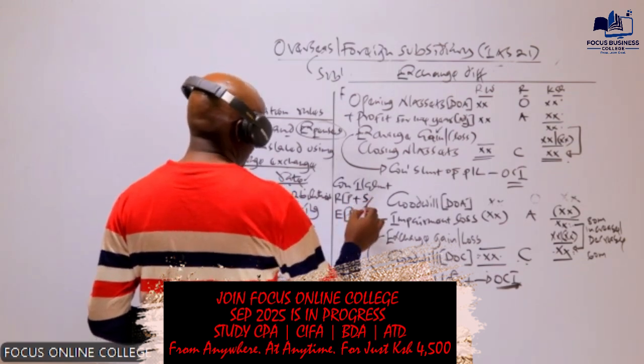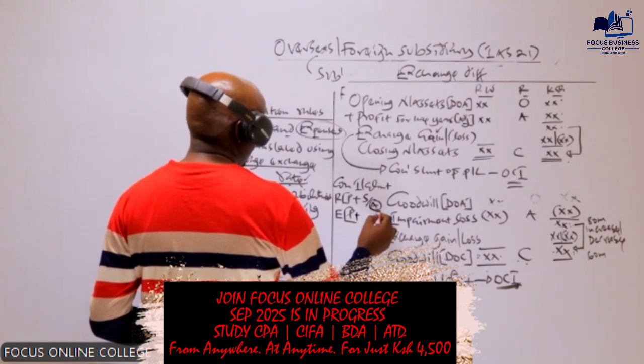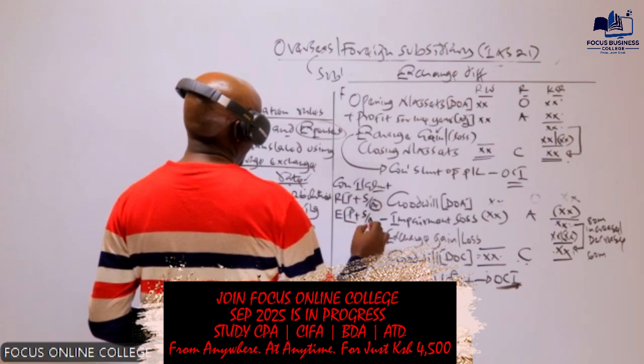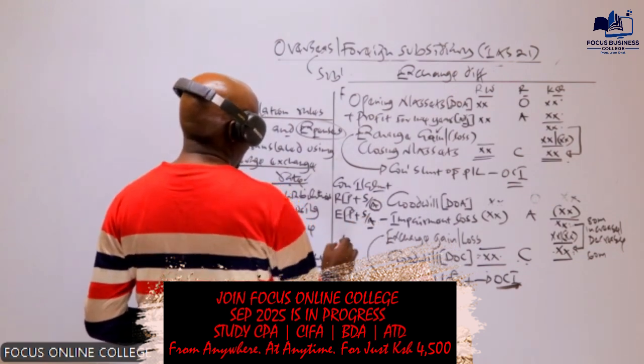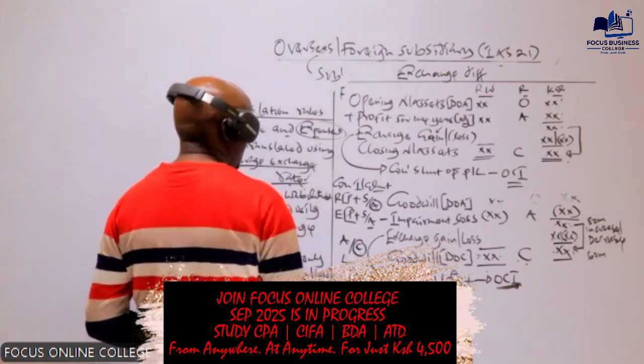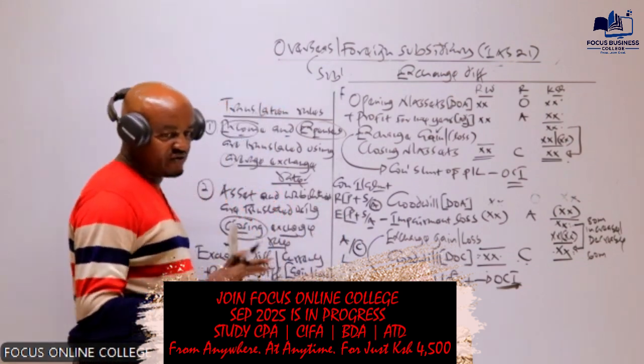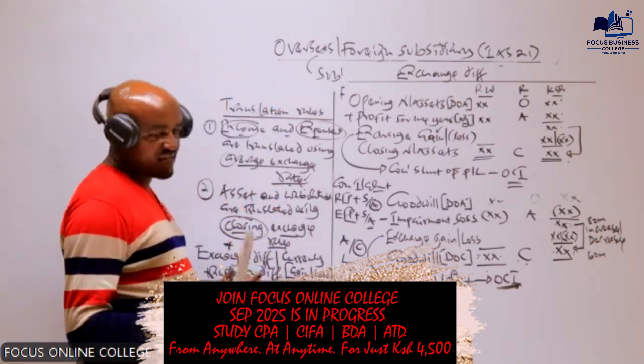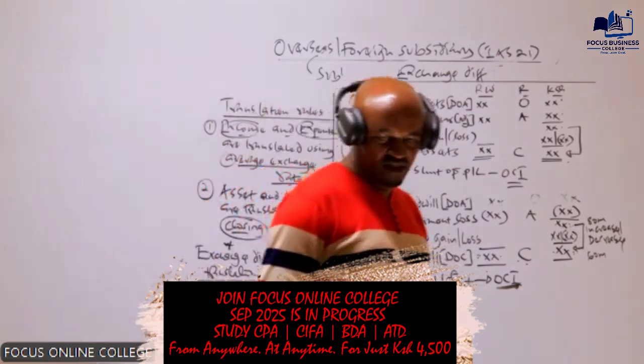All items of the income statement will be translated using the average exchange rate. But the items of assets and liabilities of the foreign subsidiary will be translated using the closing exchange rate.